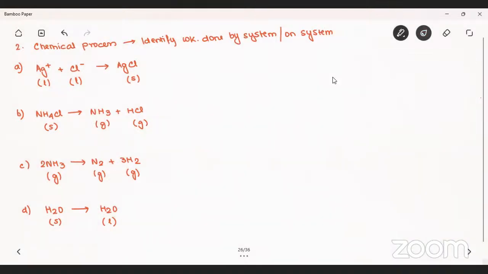See, volume of gas is more than volume of liquid is more than volume of solid. Okay, remember this. This is something common sense. You know this, I guess. If you don't know, just see this.